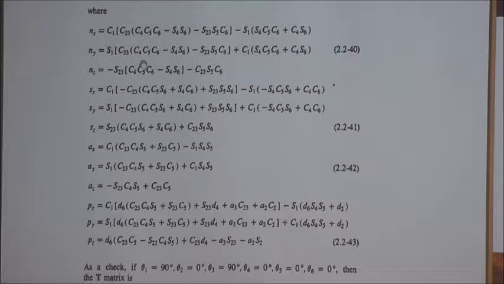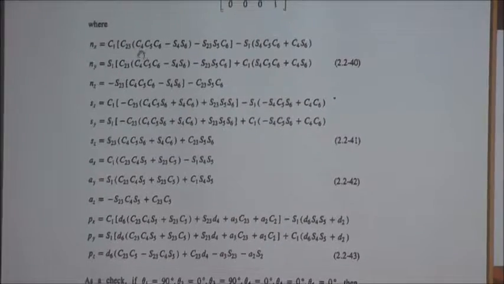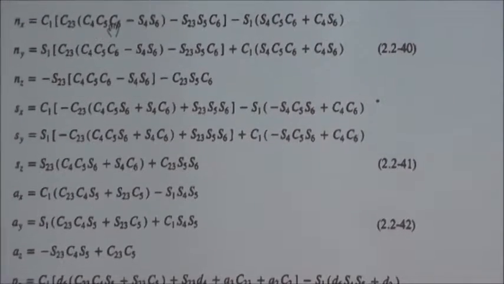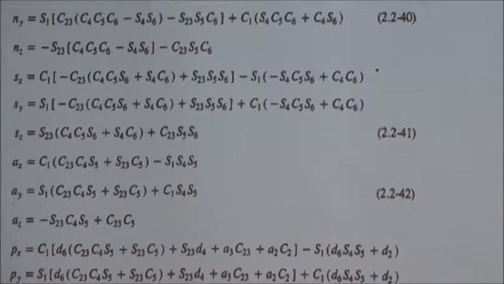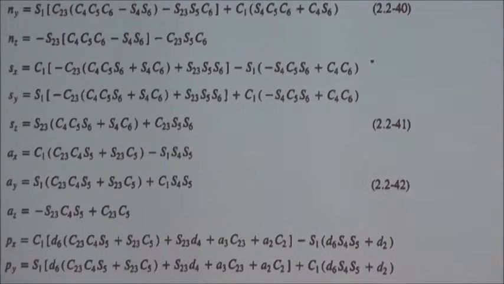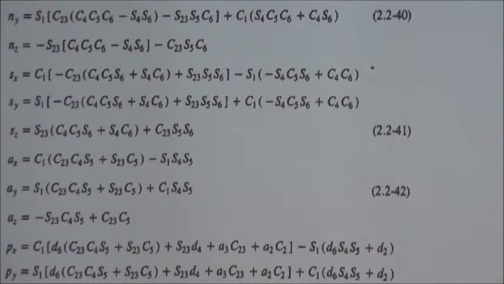and you get this kind of complicated problem. You have C1, C2-3, C4, C5, cosine of theta 1, quantity multiplied by cosine of theta 2 plus theta 3, quantity multiplied by cosine of theta 4, cosine of theta 5, and so forth and so on. All of this is a tremendously complicated nonlinear equation.